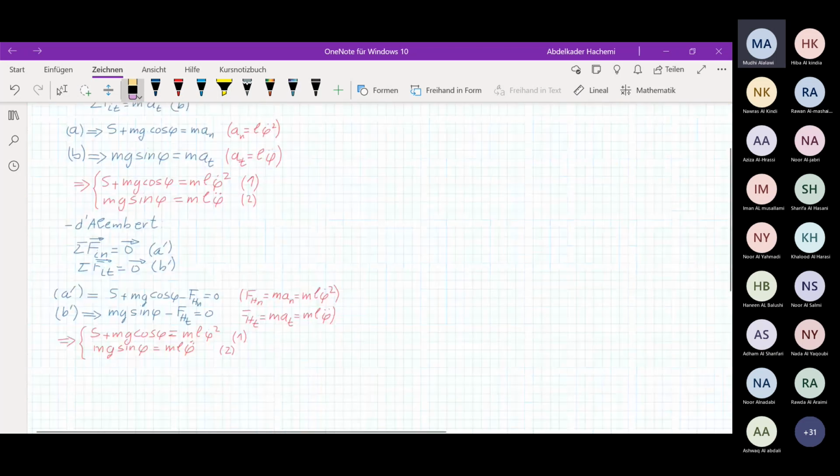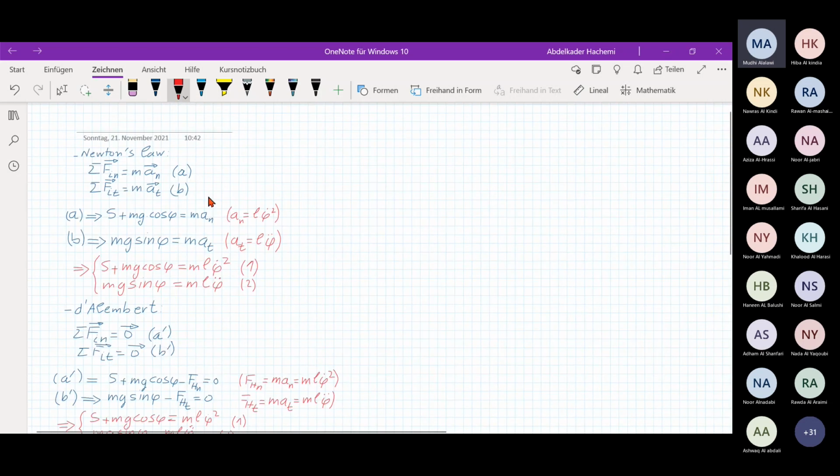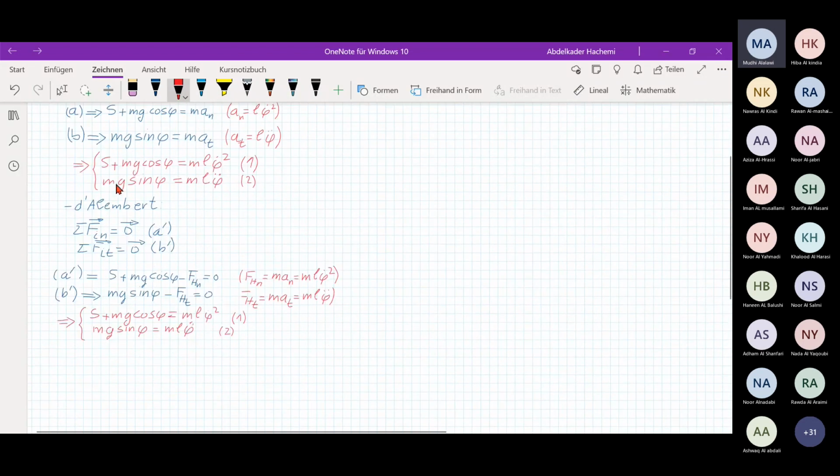Now, if you look, we have from this one the relation 1 from Newton, then it's the same as this one for D'Alembert. And the second equation, also from Newton, is the same as D'Alembert.